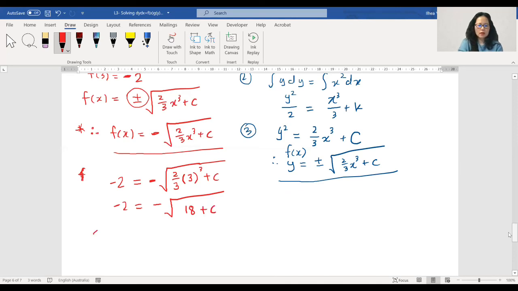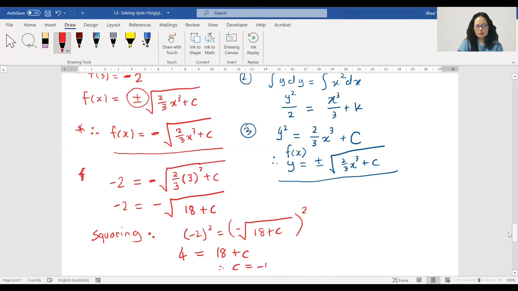I'm going to square both sides. That will make this 4 equals 18 plus c. So therefore, my c equals minus 14, because I'll move the 18 to the other side.